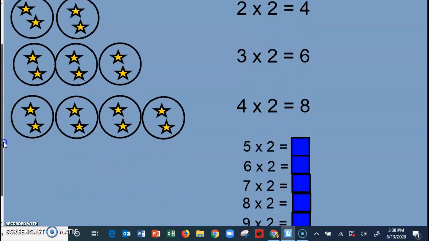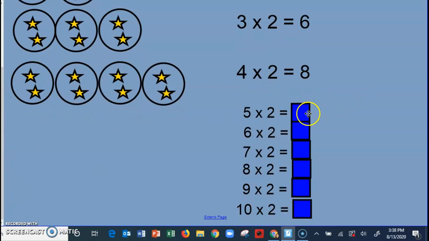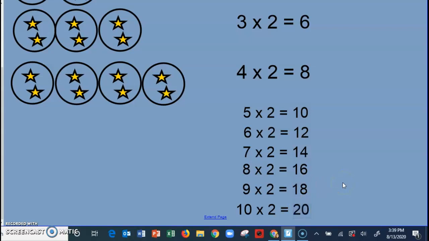If we kept that going, what do you think 5 times 2 would be? 10. How about 6 times 2? 7 times 2? 8 times 2? 9 times 2? 10 times 2? You've got a pattern of counting by 2's.